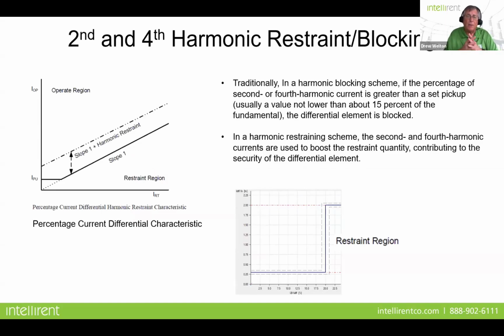Now, the other is to make sure that we're applying harmonic restraint or harmonic blocking. Traditionally, in a harmonic blocking scheme, if the percentage of second or fourth harmonic was greater than the set pickup, they'd just block the differential. Now, why do we use harmonic restraint? Well, when you first energize a transformer, it's going to create differential current because it hasn't stabilized yet.